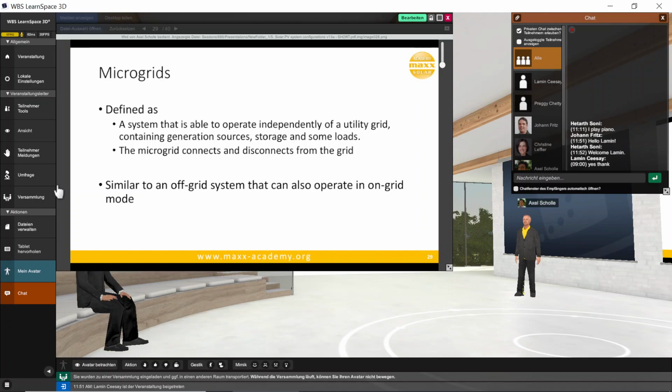It is able to operate independently, i.e. off-grid, so it's not connected to a utility grid, containing generation, sources, storage, and some loads. And it is also able to connect to the grid. So it is off-grid and on-grid. There are certain applications, and I'll run through some of them. So it's quite powerful. It's not very common on the African continent, I would say.